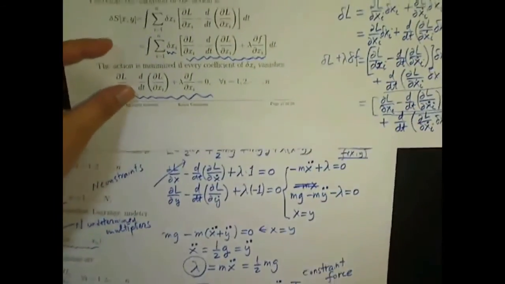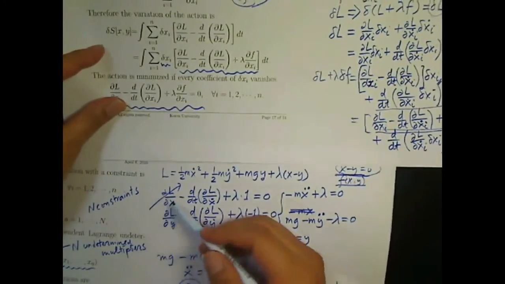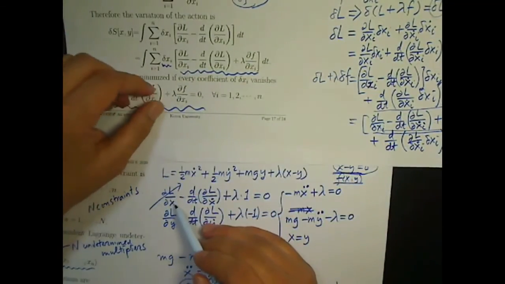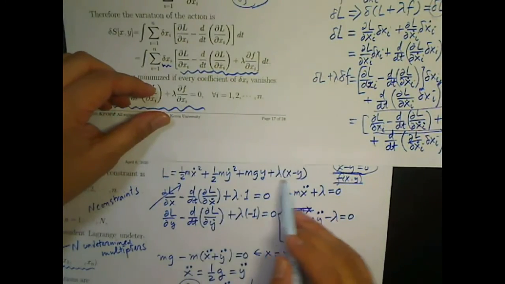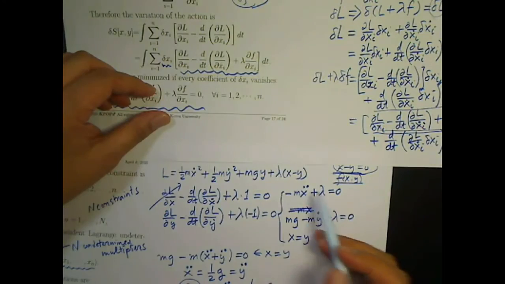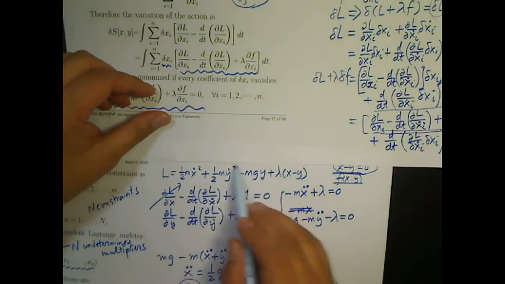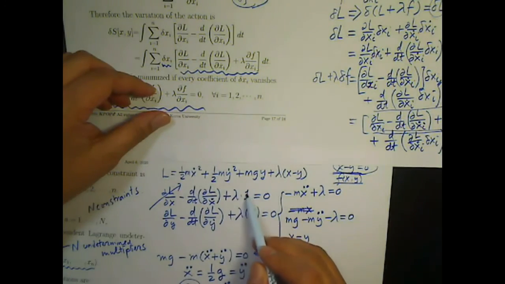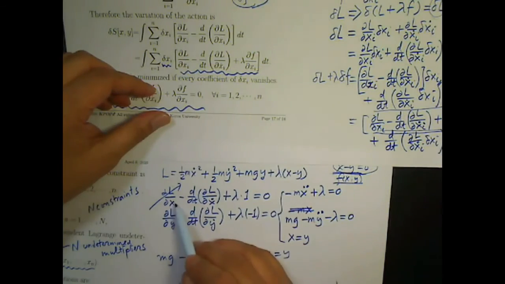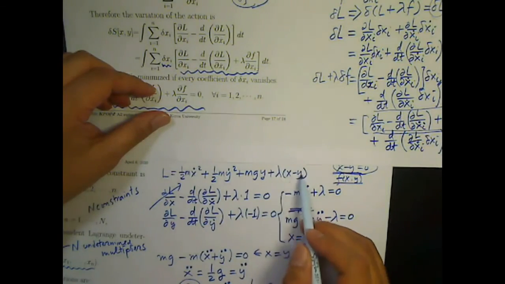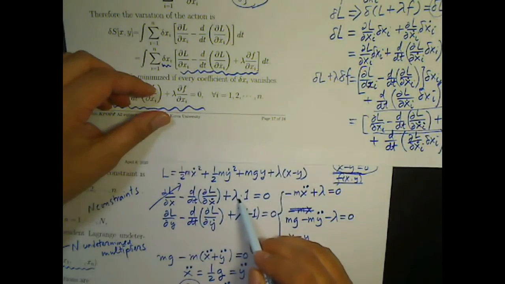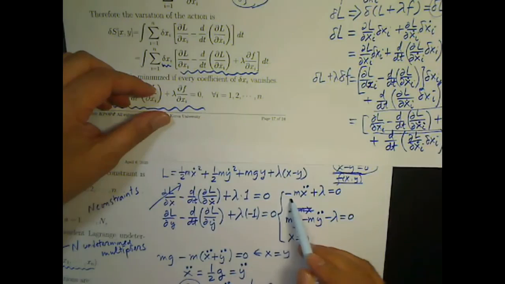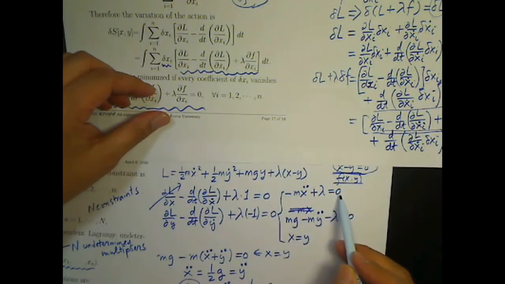So if we make use of the partial derivative with respect to x, this one has x, here no x, so vanishing, and this one x dot, and then the derivative of this with respect to x is lambda, and this results in minus m x double dot plus lambda equals 0.